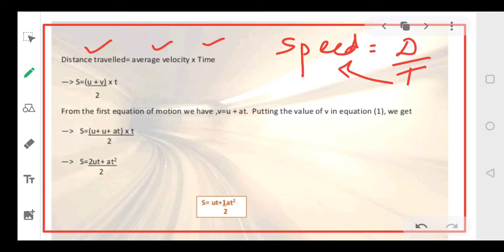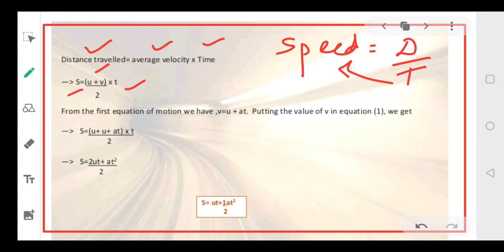Because here the distance covered is in a straight direction, we can call it average velocity also. So we will multiply: distance S is equal to average velocity, U plus V upon 2, into T.